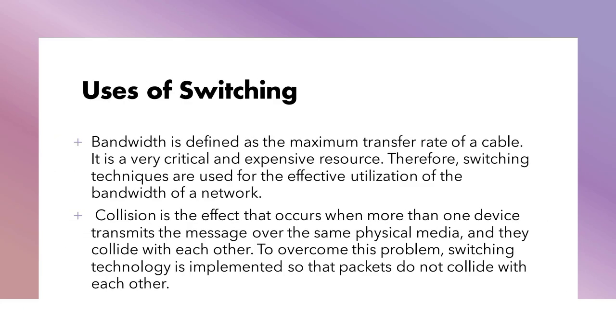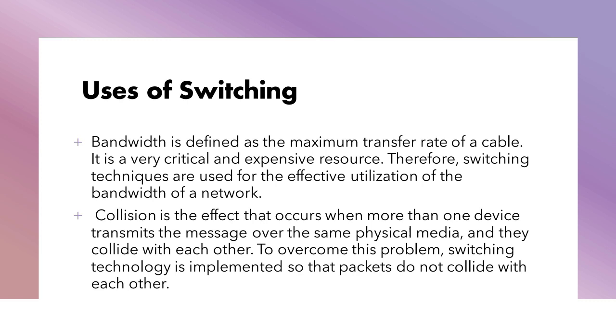Now, let's talk about the uses of switching. Bandwidth is defined as the maximum transfer rate of a cable. It is a very critical and expensive resource. Therefore, switching techniques are used for the effective utilization of the bandwidth of a network.